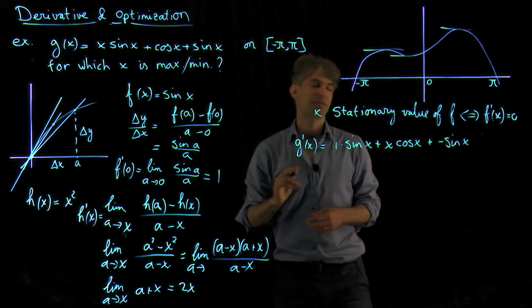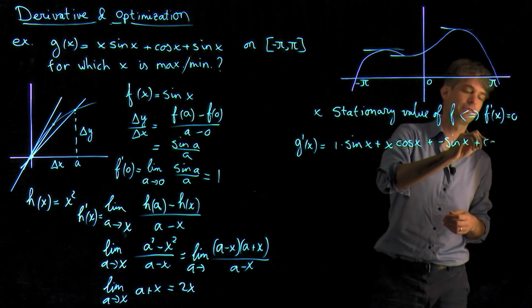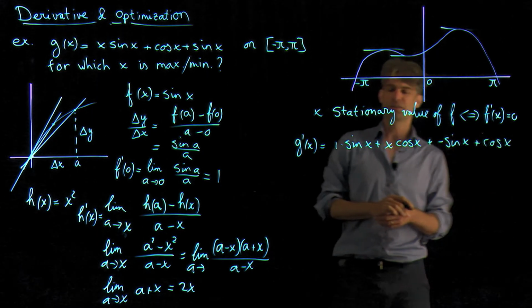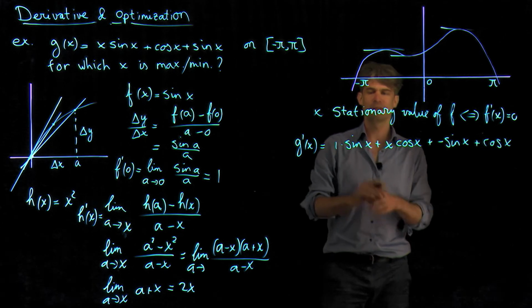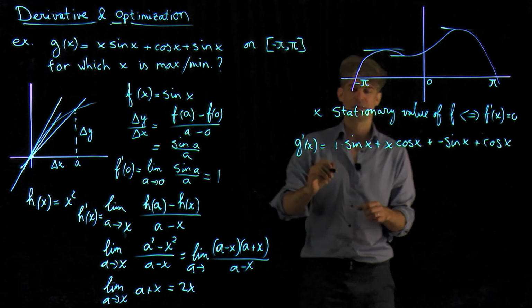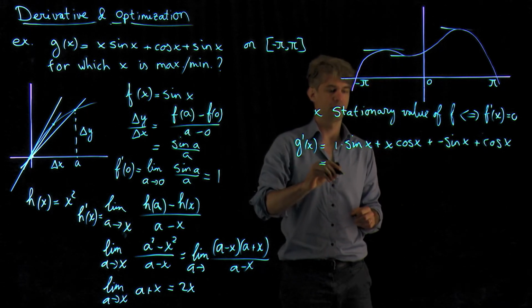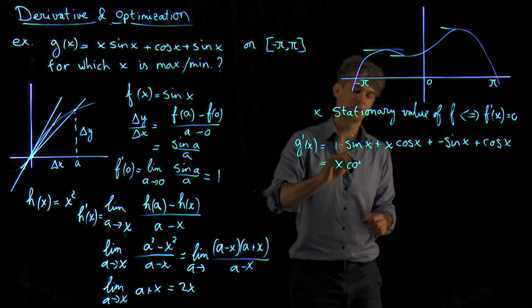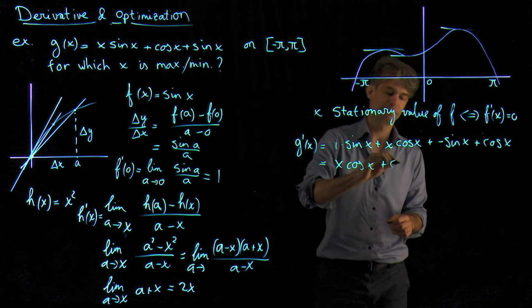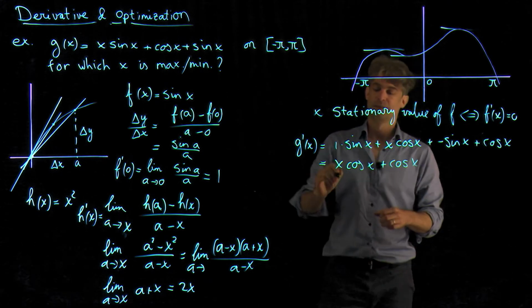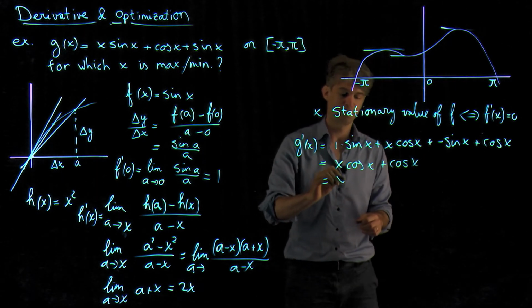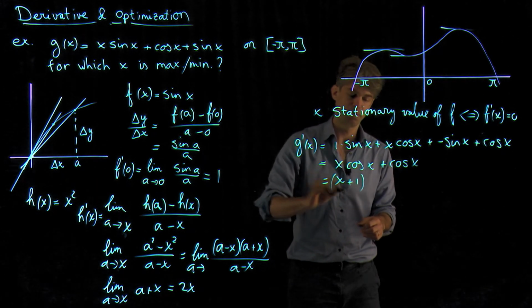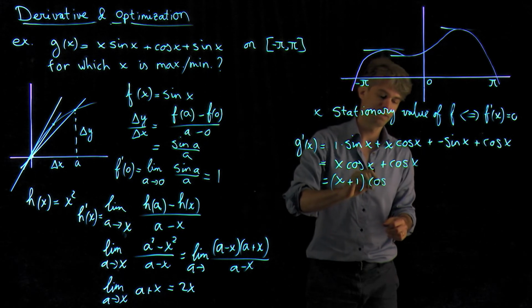And there we have the derivative of the sine of x, which is the cosine of x. So let's see, this should simplify a little bit, because here I have sine of x and minus sine of x. So this is actually x times the cosine of x plus the cosine of x. And maybe for future purposes, I write this as x plus 1 times the cosine of x.